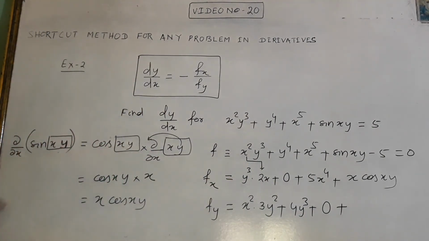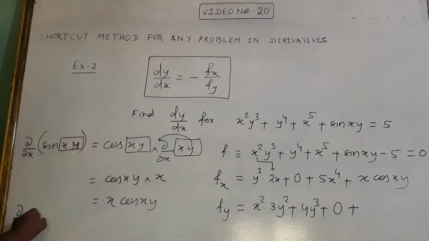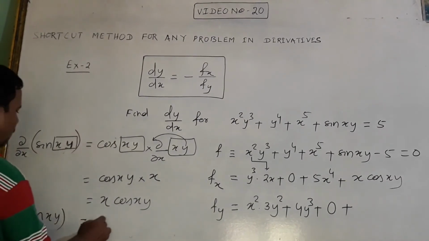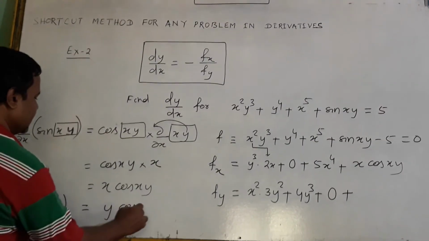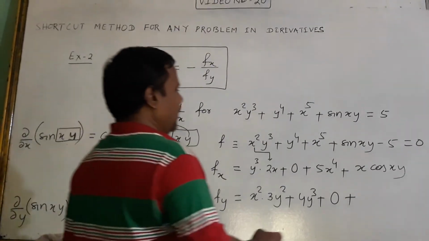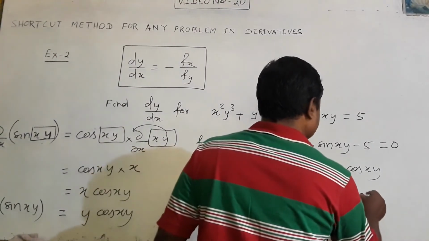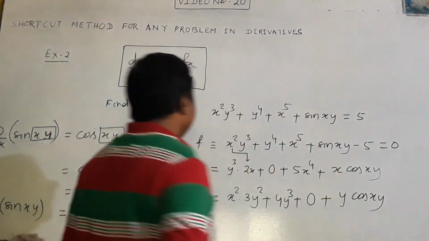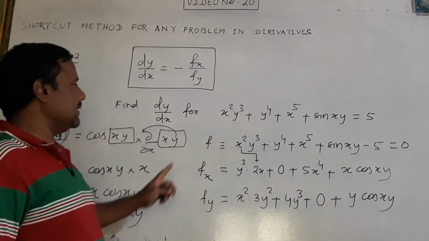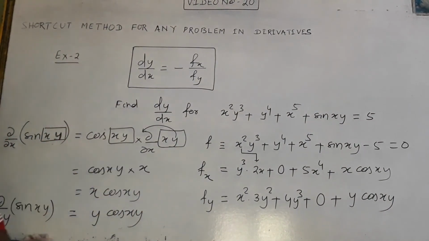Similarly, del by del y of sine xy is y cos xy. And I think you can do it in your mind within 1 to 2 minutes.